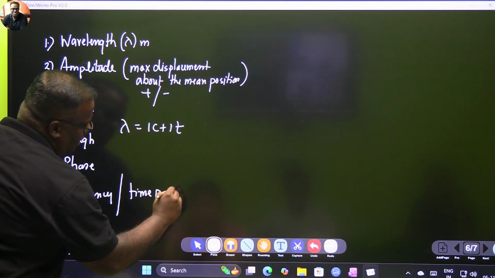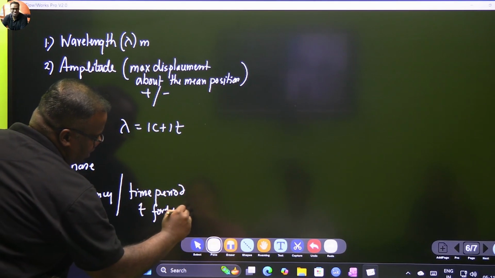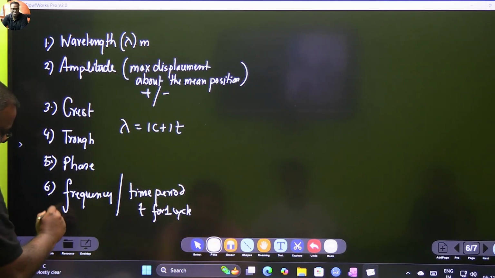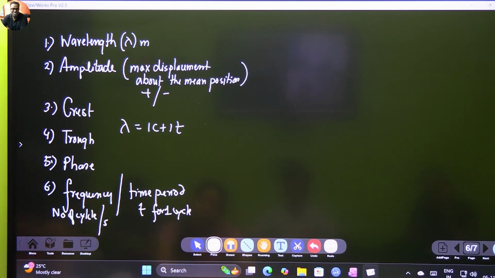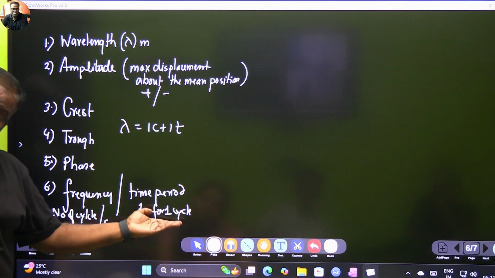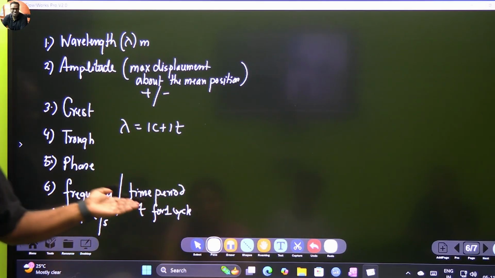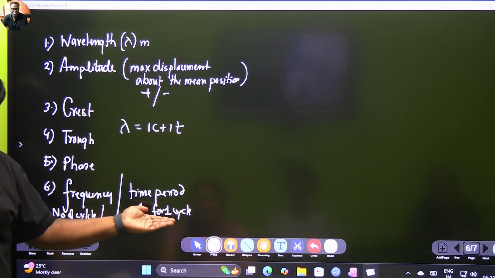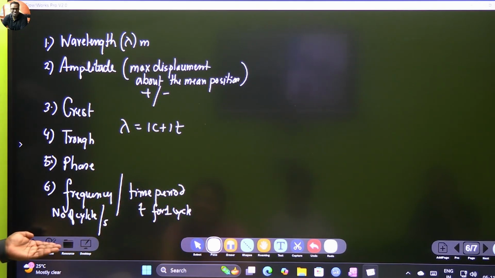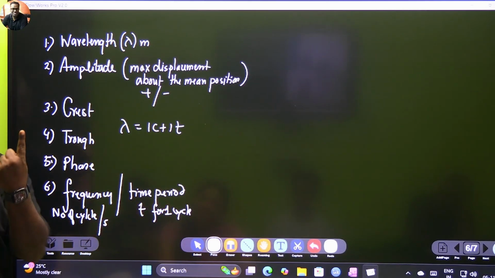Time period T is time taken for one cycle, and frequency means number of cycles per second. Time period asks how many seconds for one cycle; frequency says how many cycles in one second. If a mango costs 1 rupee, how much mango do you get for 1 rupee? One mango. So if time period is 1 second, then frequency is also 1 hertz.